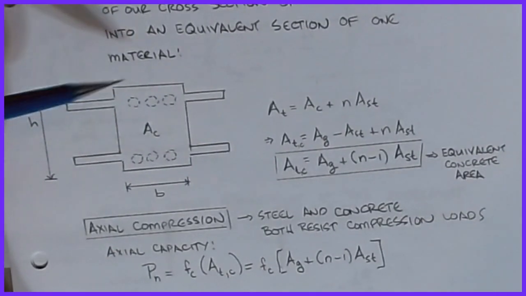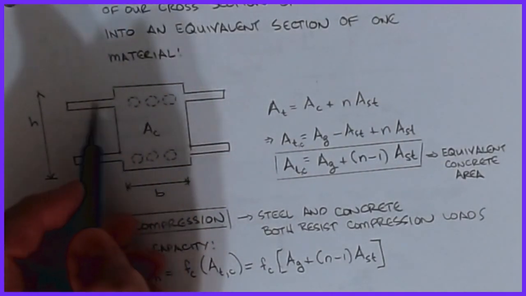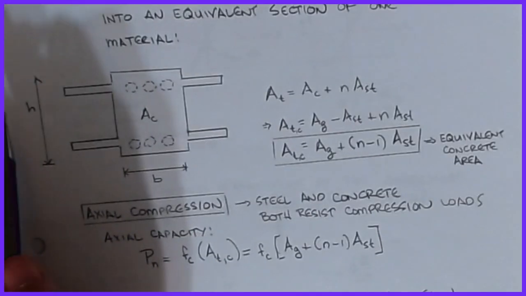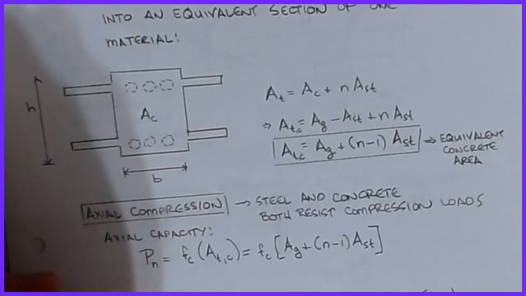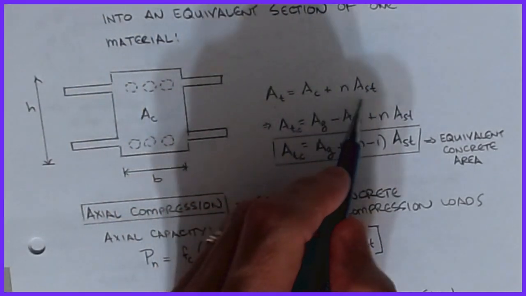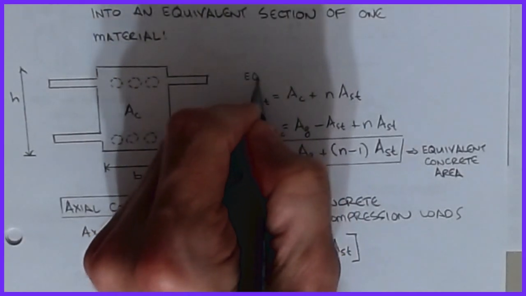In effect, I'm going to take my steel area and turn it into an equivalent concrete amount, and then calculate our section properties and do some stress calculations off of that. So the total area is equal to the area of concrete plus N times the area of steel. This is an equivalent concrete area.